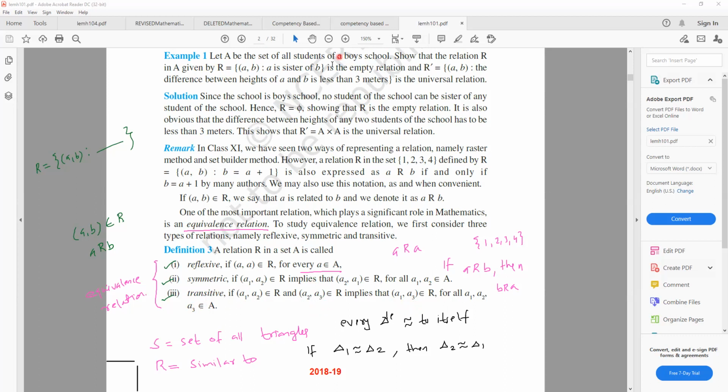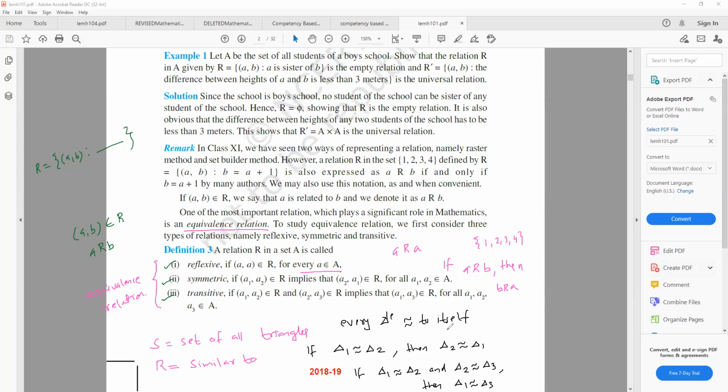So is the relation that I mentioned transitive? See, if one triangle is similar to a second triangle and that second triangle is similar to a third triangle, then is it true that triangle 1 is similar to triangle 3?